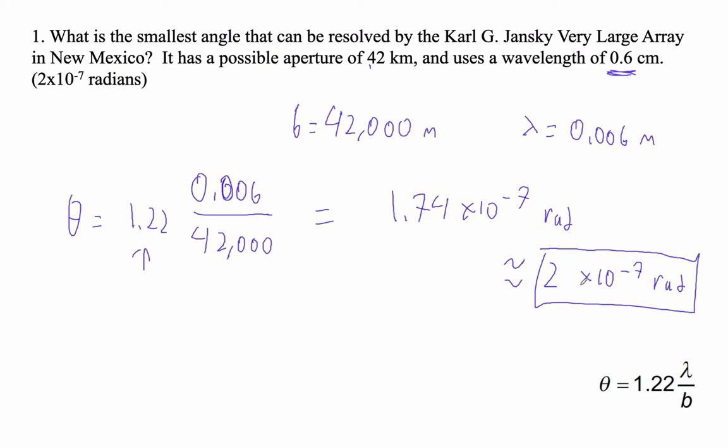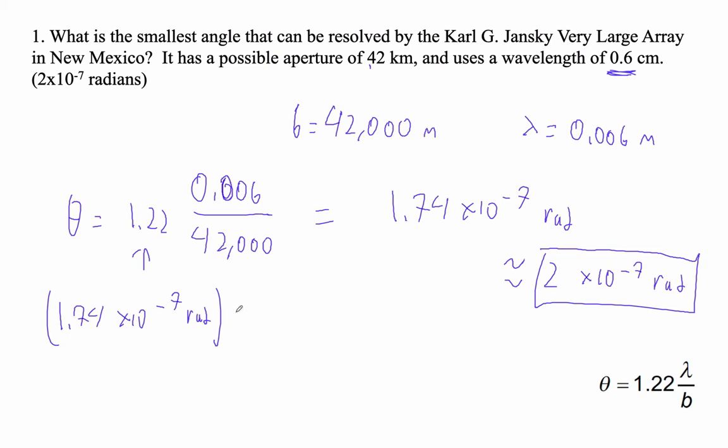Astronomers do not use radians for the angles. They actually use a bizarre system of degrees and arc seconds, right? So what we can do is take that and turn it into arc seconds. So I'm going to go 1.74 times 10 to the minus 7th radians, right?